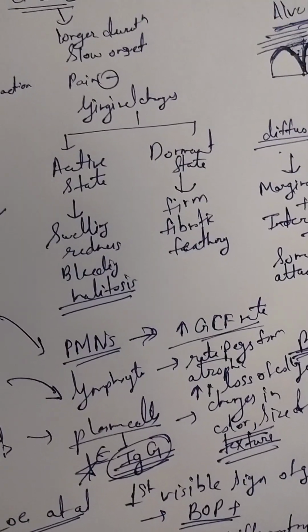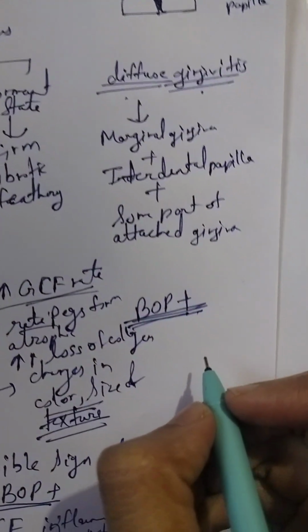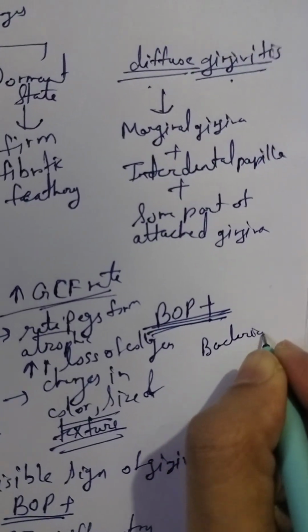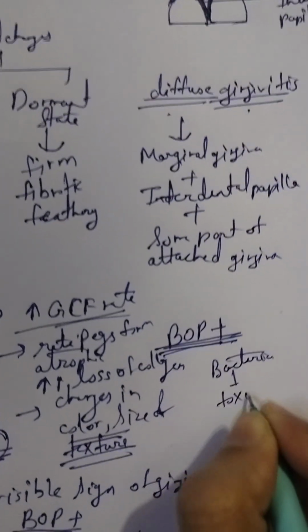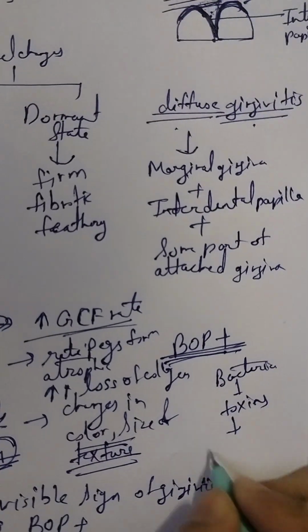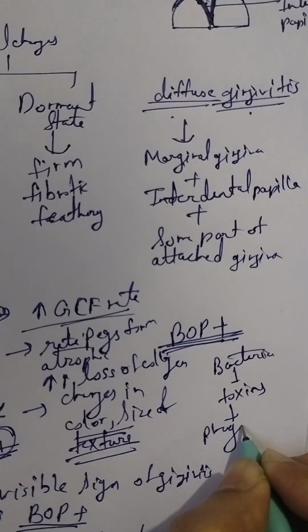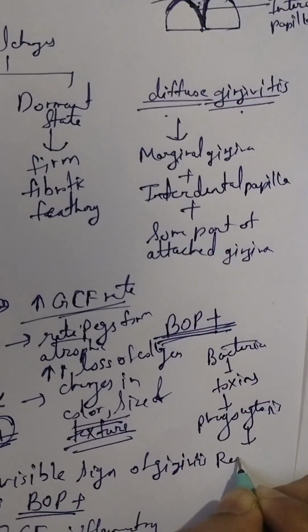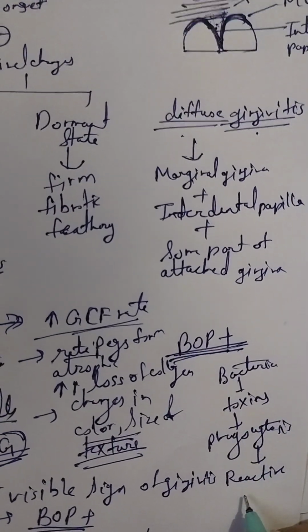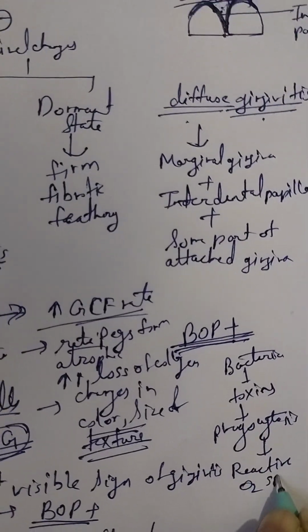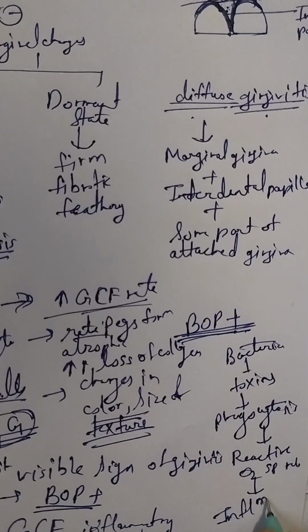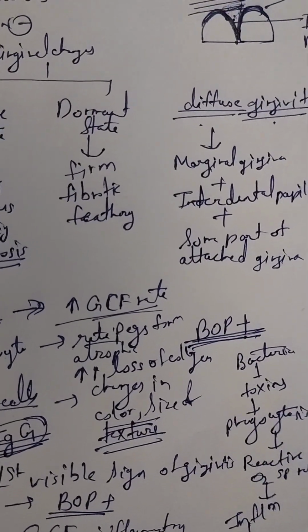So, let us discuss some etiopathogenesis. Bacteria come and release toxins, then phagocytosis occurs. Then reactive oxygen species are released, which cause inflammation and thereby increase the GCF fluid.